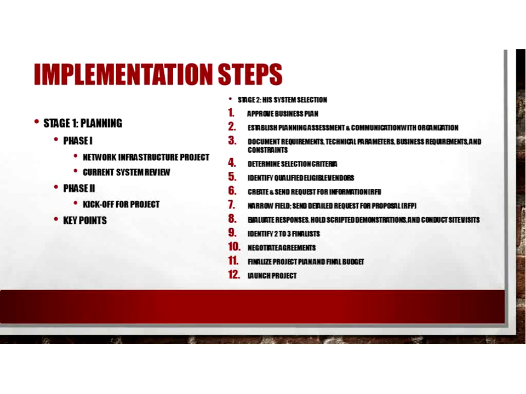In 11, we're going to finalize the project plan and budget based on the negotiated prices, cost estimate spreadsheet, and specifics of the implementation plan. Once that project plan is complete, it should be clearly and thoroughly communicated through the organization so that all of those different departments can plan accordingly.